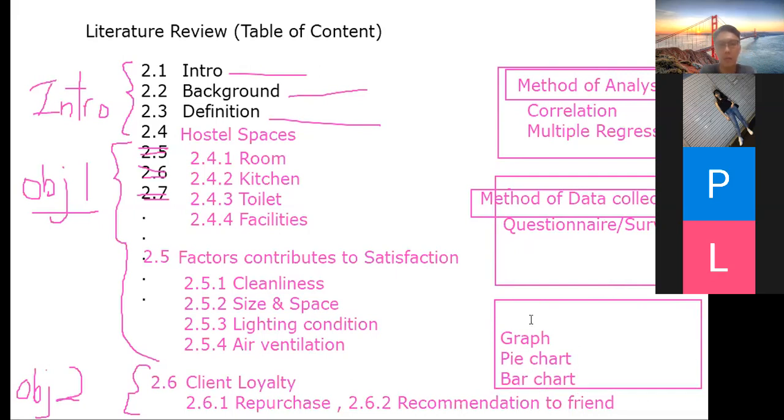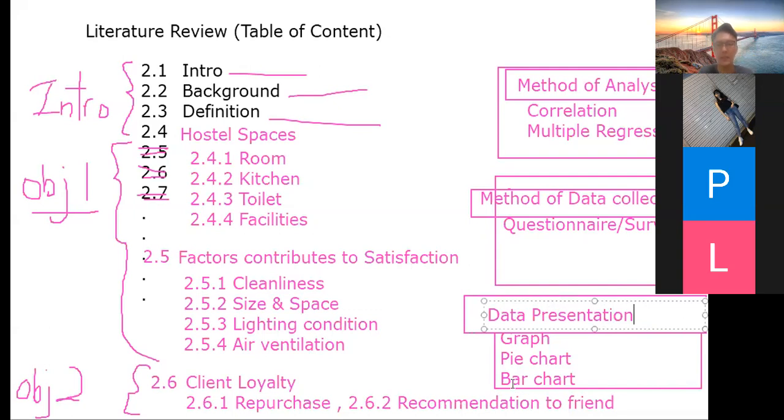Can you tell me what this is? Yes, correct, data presentations. Why different color? This is data presentations.